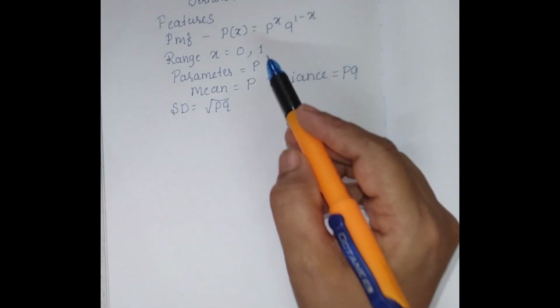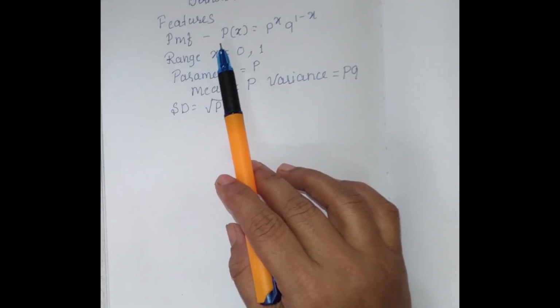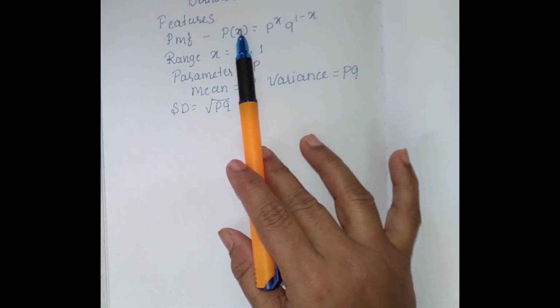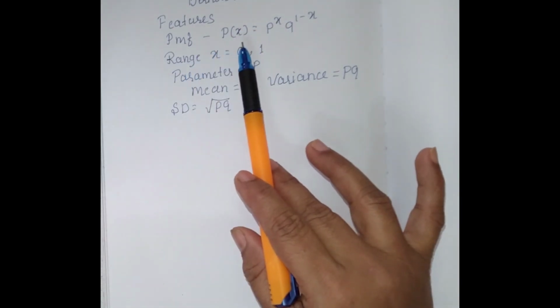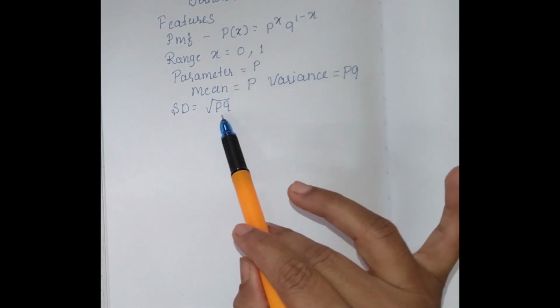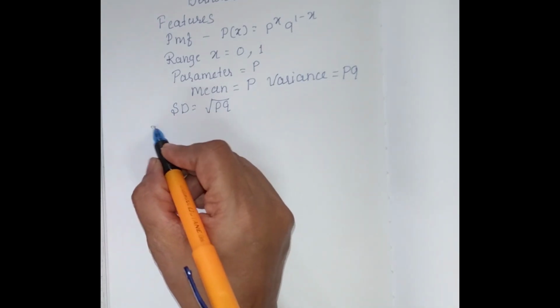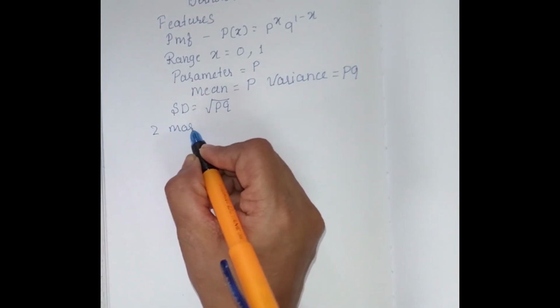For this, we have to calculate the 1 mark question. They ask: define Bernoulli distribution, write the PMF of Bernoulli distribution, what is the range, what is the parameter, what is the mean, variance and standard deviation. For the 2 mark question, this is very important.